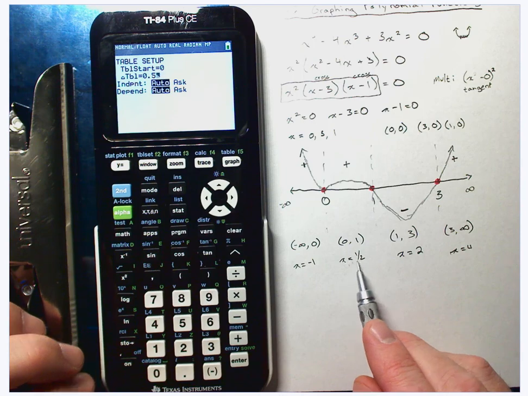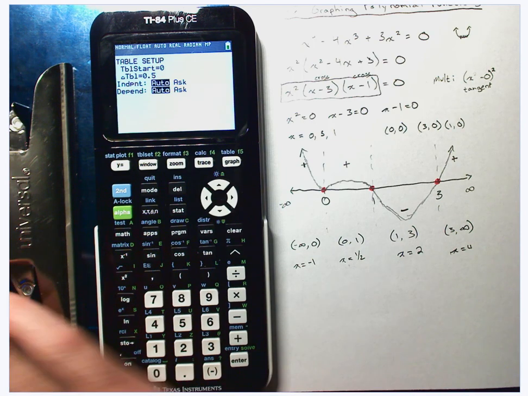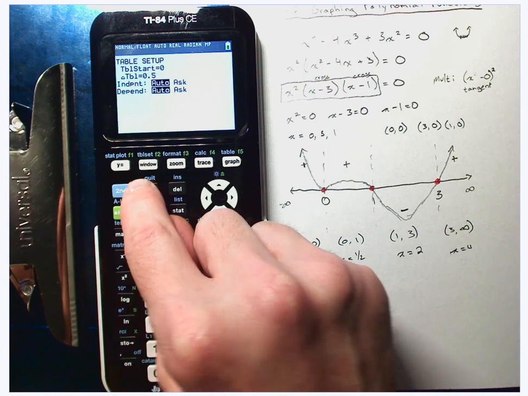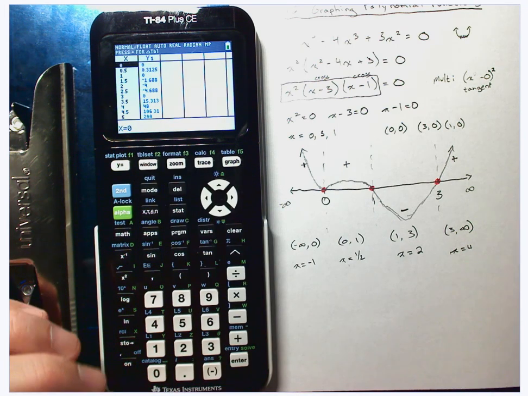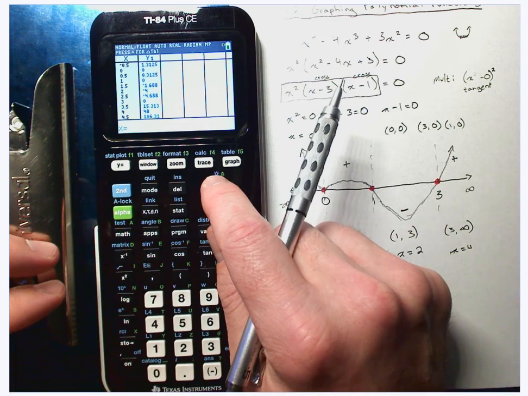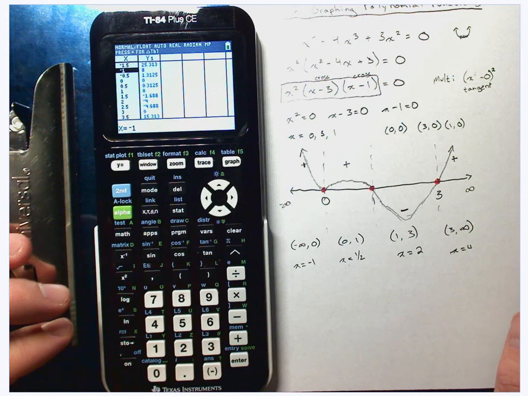I'm picking my lowest x value, so I'll go through there and it'll give me increments of 0.5, and then I can go to my table and scroll down and find all these values and verify. So at a negative 1, my value is 8, and that's what I got.